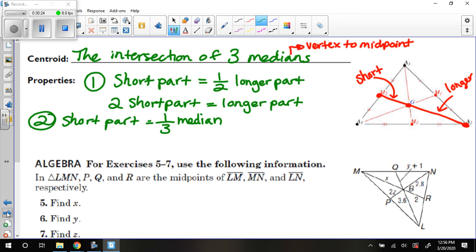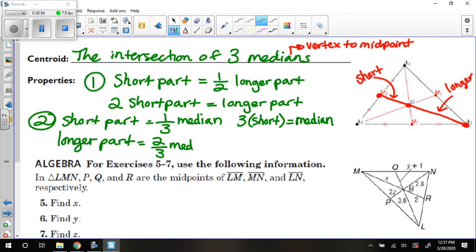Now if I want to flip that around, I can say that if I did 3 times the short piece, it would equal my median. The longer part is 2/3 of the whole median.